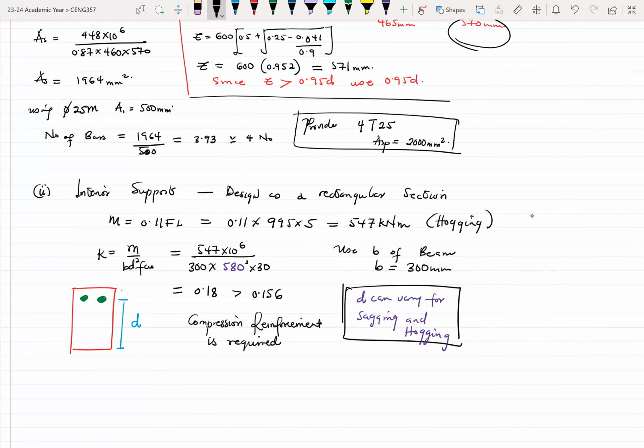Okay, so compression reinforcement is required, and once compression reinforcement is required, it means that we need to find AS prime. Okay, so AS prime is for compression reinforcement. So over the support, your compression zone is here. So this is your compression zone. This is the compression zone.